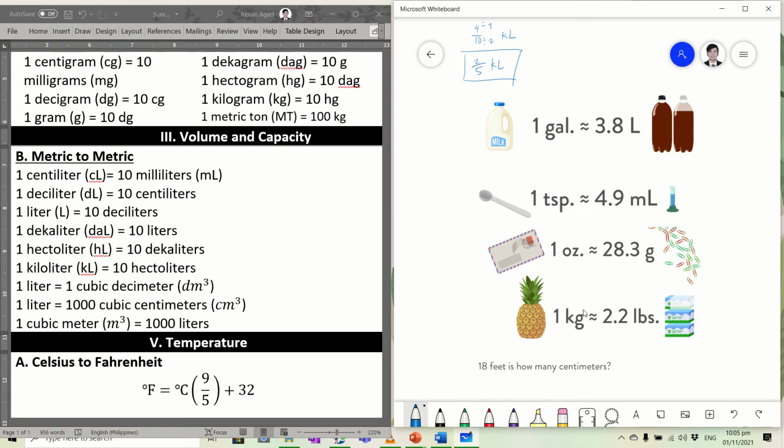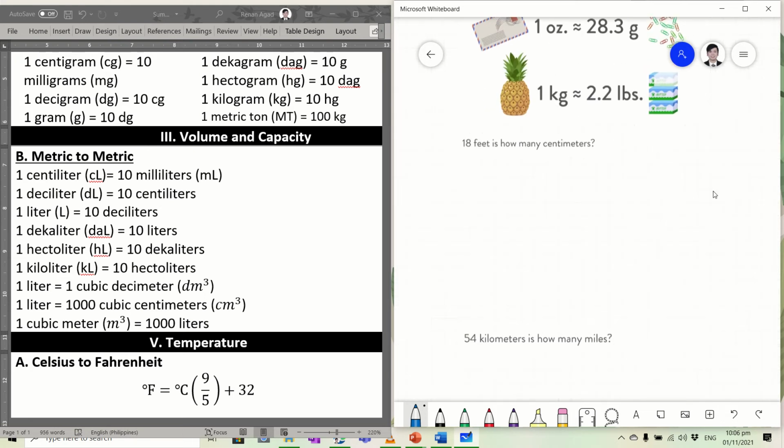Then finally, 1 kilogram of pineapple is approximately equal to 2.2 pounds. I'm just trying to imagine two full batters, and then a part of it, because we're talking about a batter that represents 0.2 pounds.